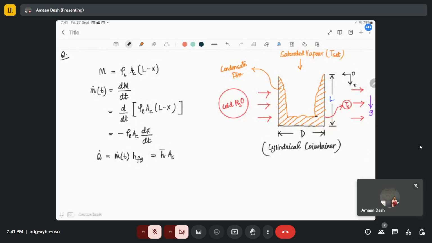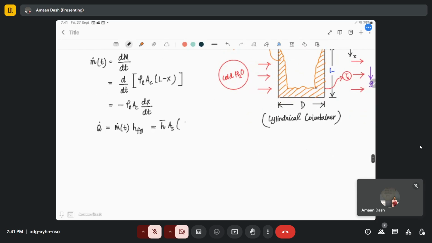This is the curved surface area times T_sat, the saturation temperature at which it is condensing, minus T_s, the temperature outside, at which it is maintained because of this cold water.